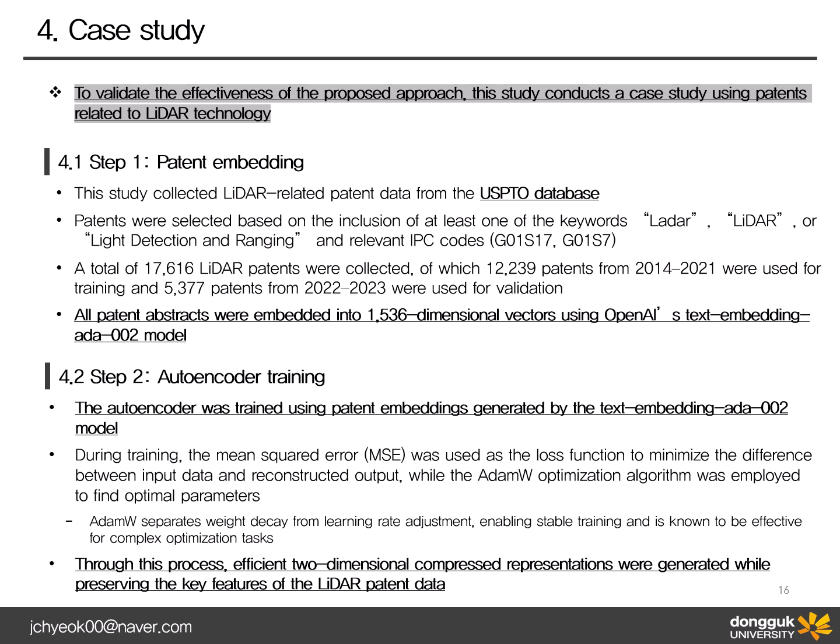In the second step, the autoencoder was trained using the patent embeddings generated in the previous step. During training, the mean squared error was used as the loss function to minimize the difference between the input and reconstructed output, while the AdamW optimization algorithm was employed to find the optimal parameters.